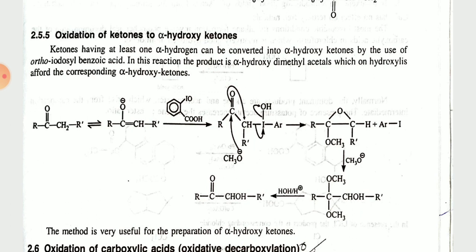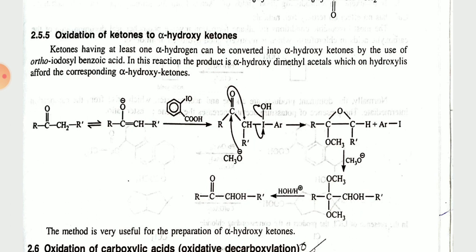Okay, in presence of orthoiodoxybenzoic acid, you can see here it will combine with the CH3O negative group that attacks the RC double bond O group, and this C double bond O group will migrate onto the CH group, and the C-I bond breaks, and the electron moves from the iodine, and the iodine-OH bond will migrate and give electrons to the oxygen.